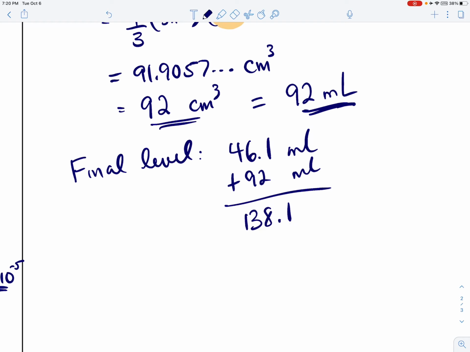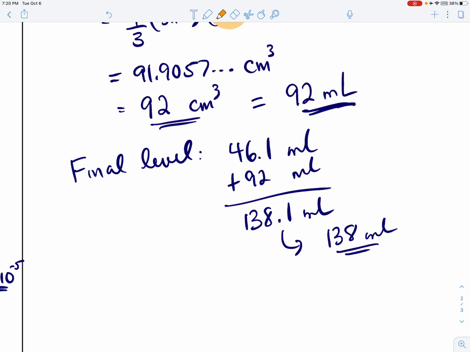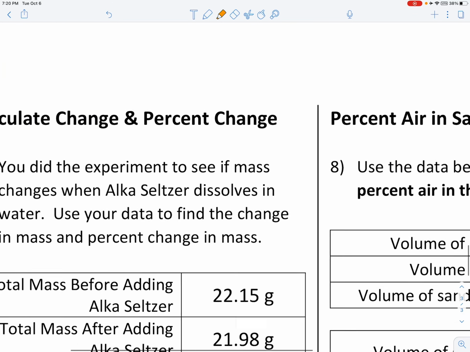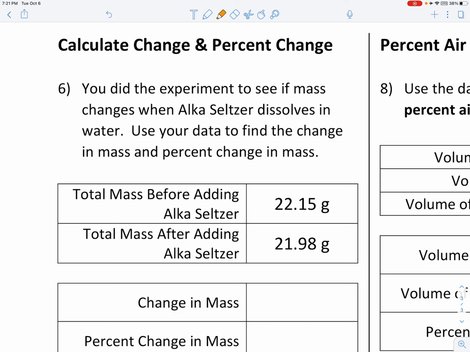So 92 plus 46.1 gives me 138.1 milliliters, which we will round off to just 138 milliliters, no decimal places in the final answer. All right? I hope you got that.